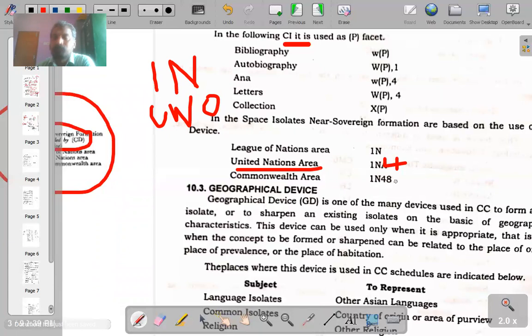United Nations was formed after the Second World War in the 1940s. So what is the number? 1, N4. This N is taken from time isolates. Commonwealth area, 1 is world, N48 means the time when the Commonwealth Association was formed. So based on the year of establishment of these organizations, the isolates are formed.